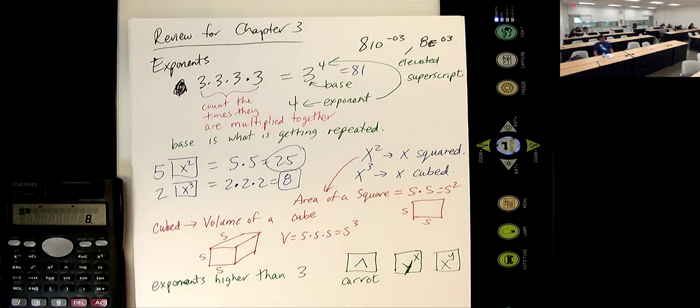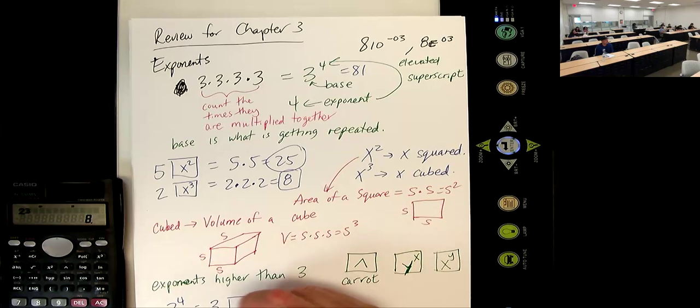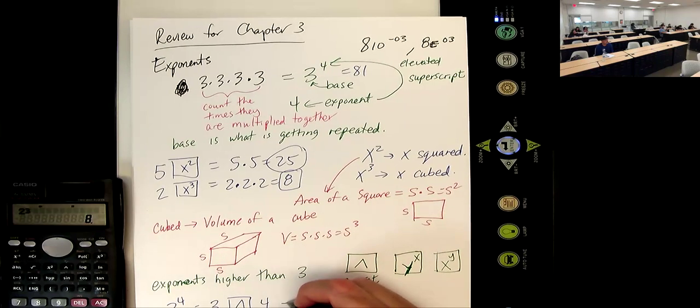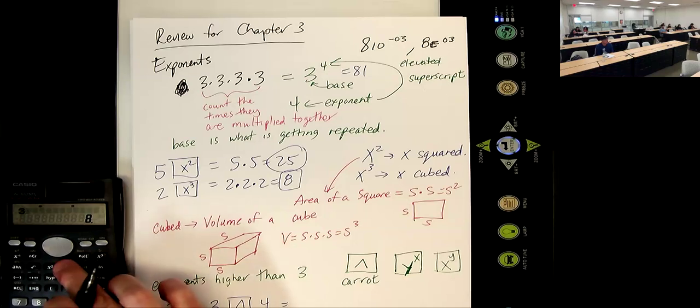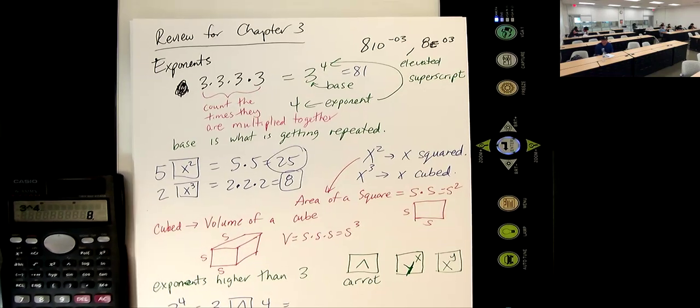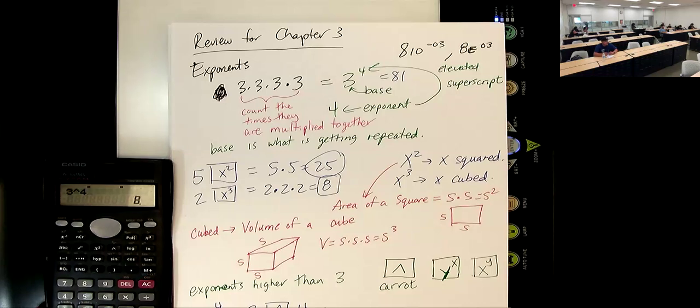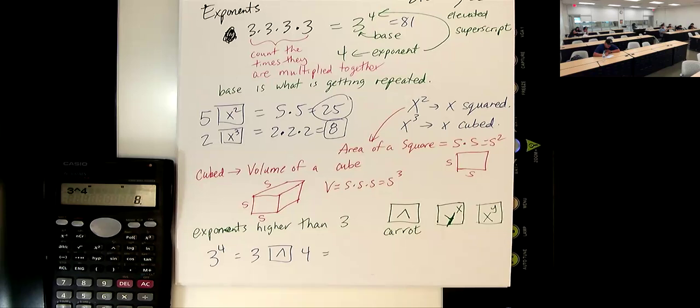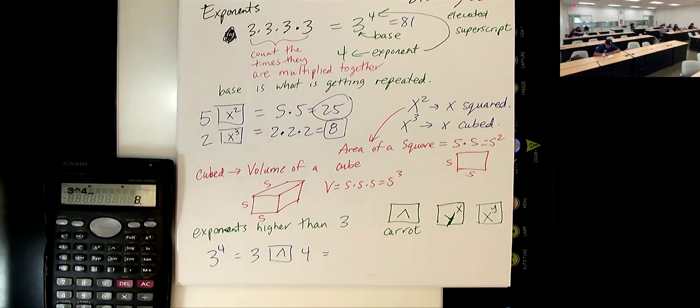They all work pretty much the same. If I want to do 3 to the 4th like I had up there, I'm going to do 3 caret 4, and hit equal. 81.